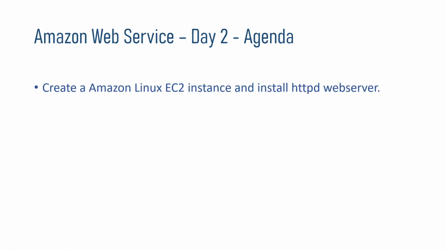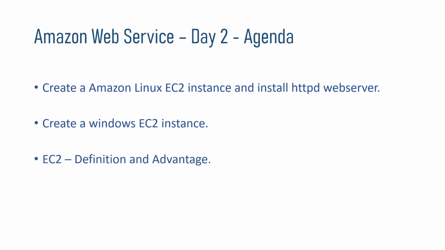So the agenda for today is first we are going to create an Amazon Linux EC2 instance, and then in the instance we are going to install the web server. So on this Amazon Linux we are going to install the HTTPD web server, and then we will be creating a new Windows EC2 instance, that is Elastic Compute Cloud instance.